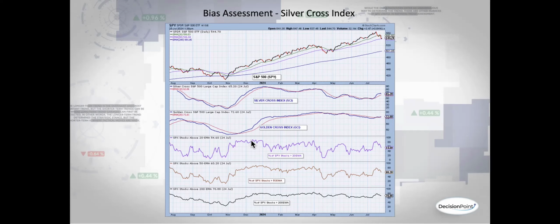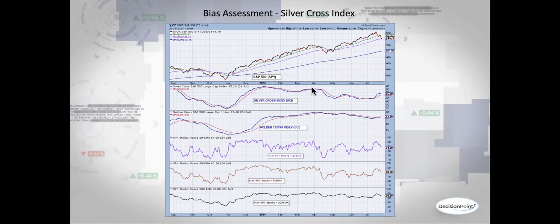It's not gotten down into oversold territory like we saw back here at the end of 2023. At this point, you saw that both the silver and golden cross rose very quickly and hit overbought conditions. And then we continued to see price move up, and it set up a negative divergence here. You can see right here where this top is higher than this top.